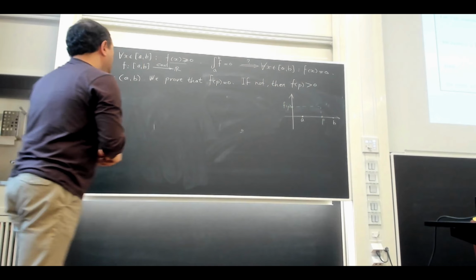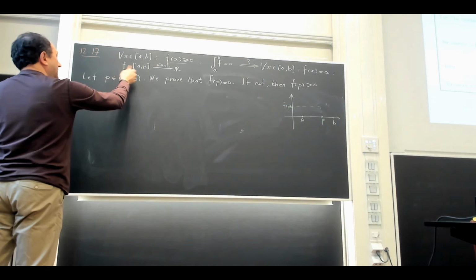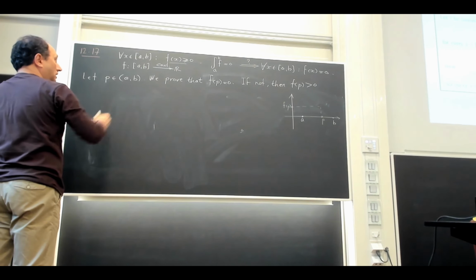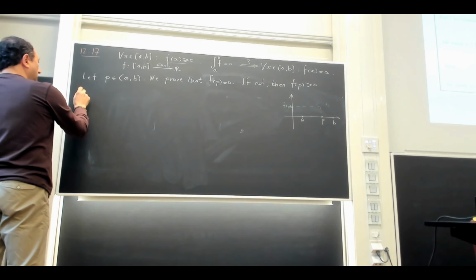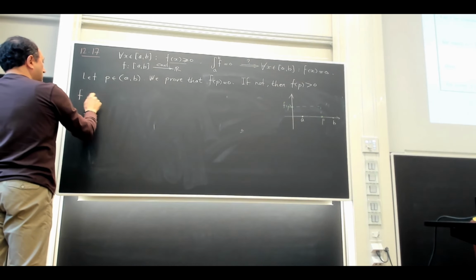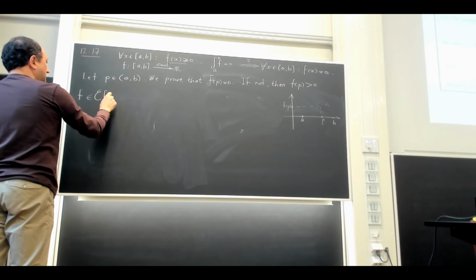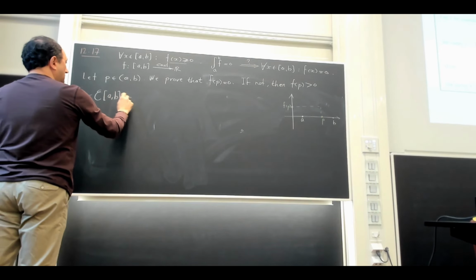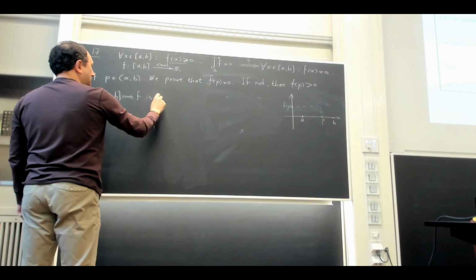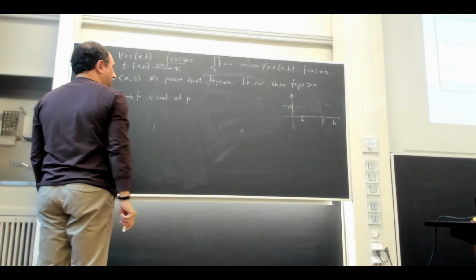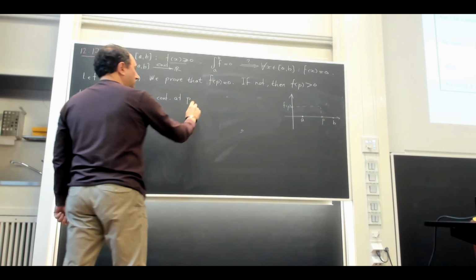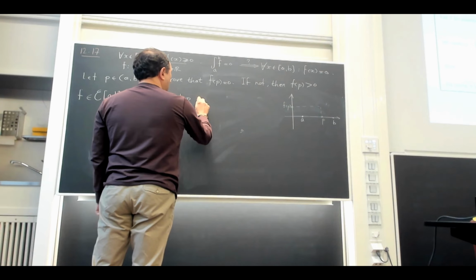But you also told me that f is continuous. It means that it is continuous at p as well. So f belongs to the continuous functions on [a, b], which means that f is continuous at p. When it is continuous at p, according to the definition, what can I conclude?